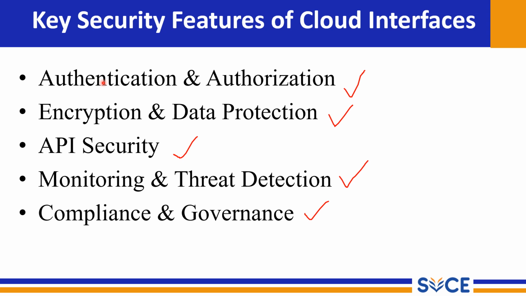interface, usually a web-based dashboard like those provided by AWS, GCP, or Azure, which displays real-time insights into security status, incidents, and vulnerabilities. Then it allows configuration of access control, firewalls, encryption, and security policies.